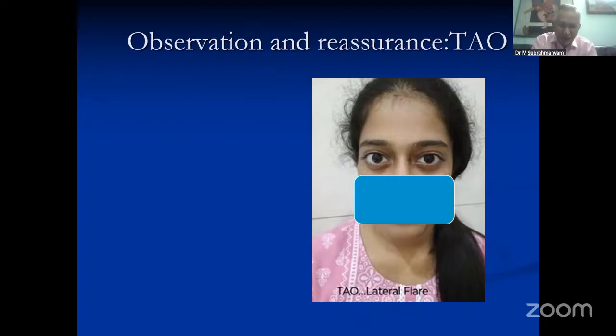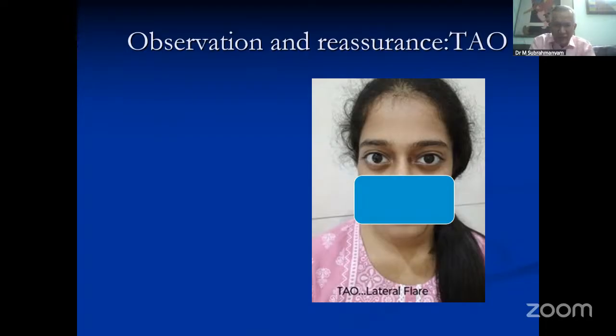She looks pretty good. At the most, we can give a triamcinolone or Botox injection, but for 1 millimeter bilateral symmetrical, she is quite happy and comfortable with that. So we'll observe her till the period of 2 years of the disease is over and nothing else need be done.